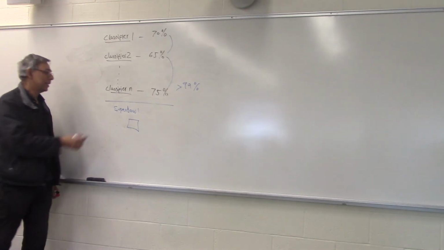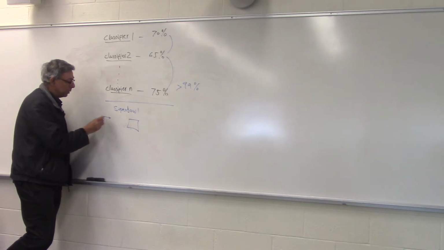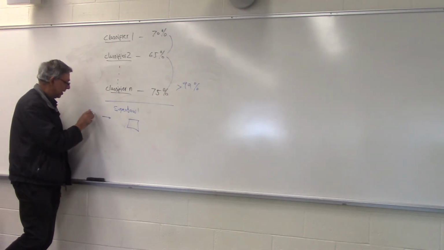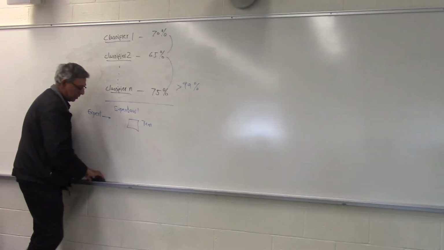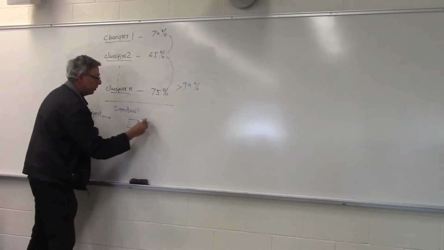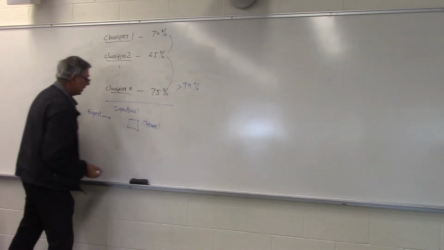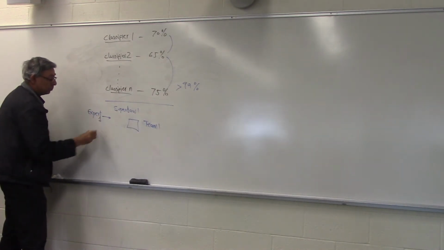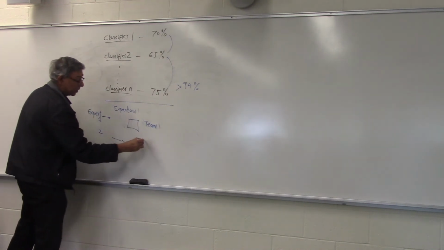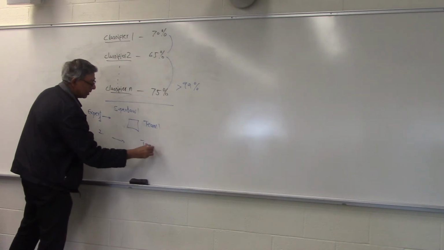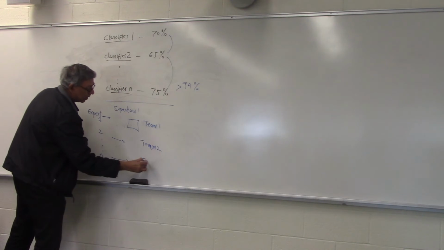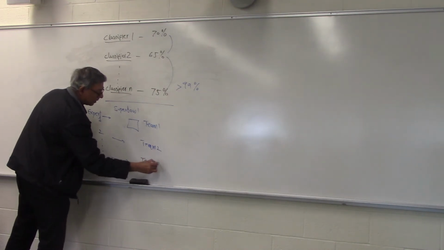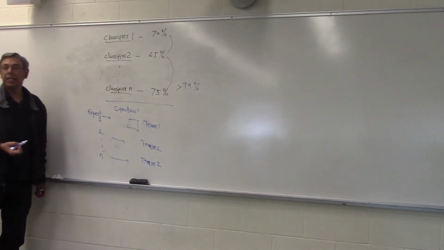So one expert says, let's say team 1 will win, for whatever logic. Expert 2 says, oh no, team 2. Expert N, again team 1 or team 2. So all of them have their opinion, right?